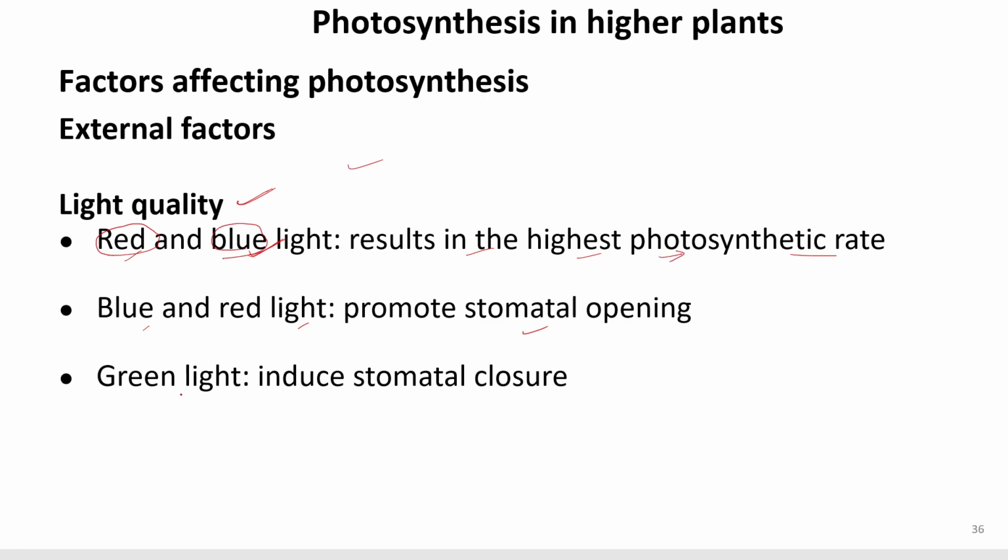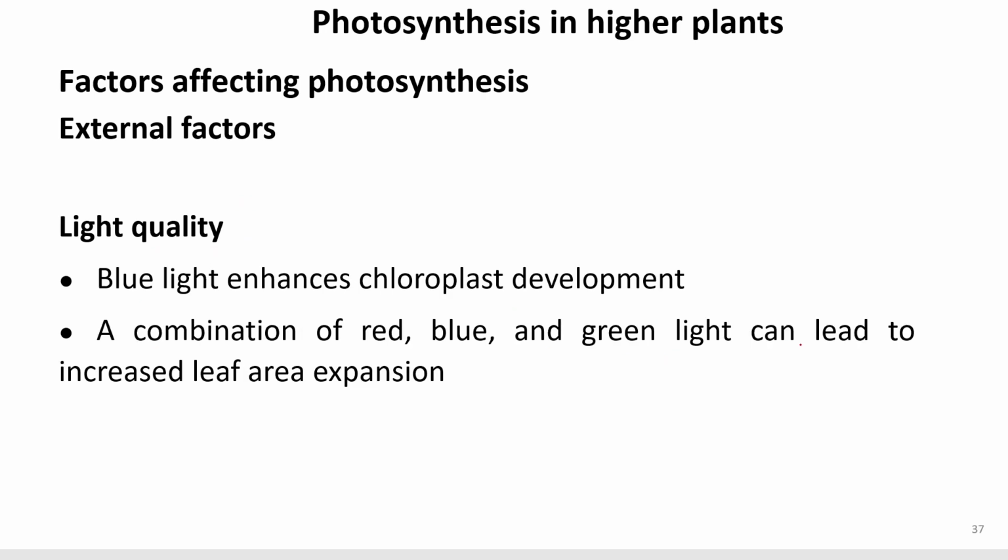Now let's talk about the green light. Green light induces stomatal closure. If stomata are closed, there will be no gaseous exchange, so it will affect the rate of photosynthesis. Again, blue light enhances chloroplast development.